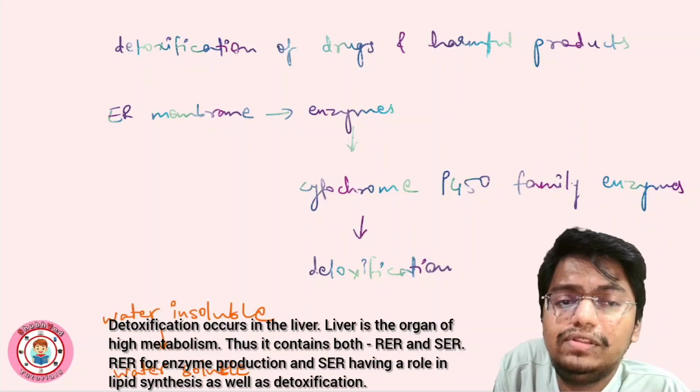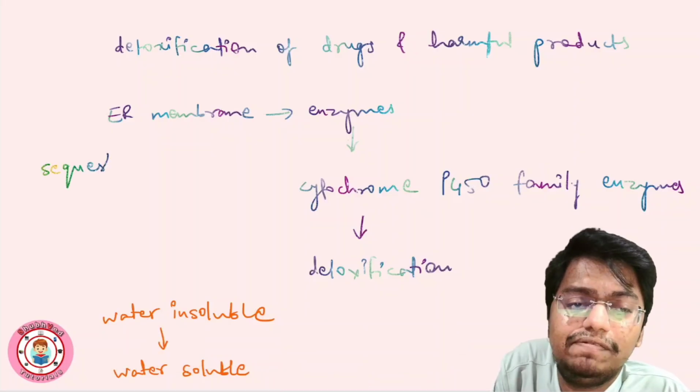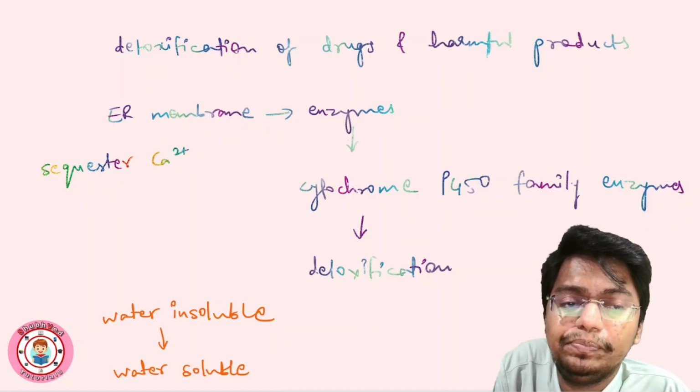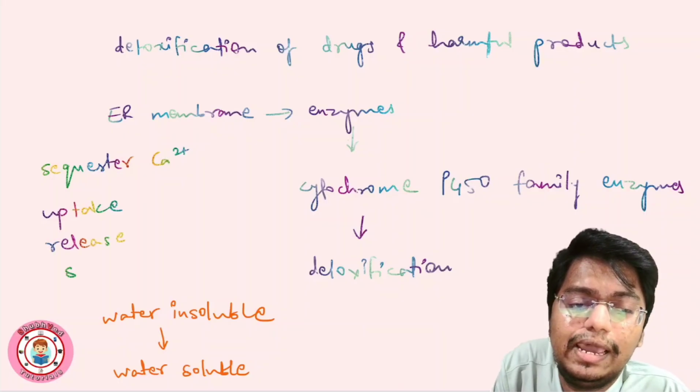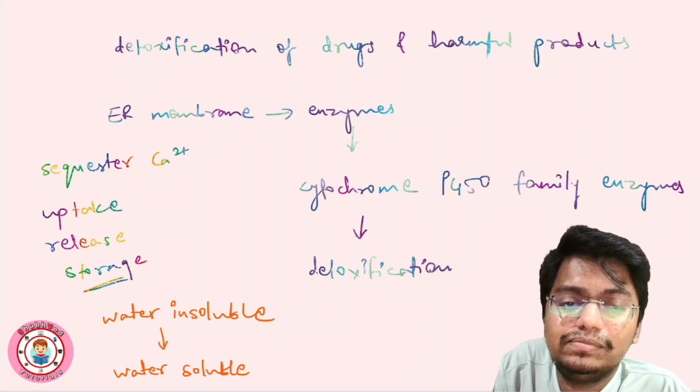One more role of the ER is to sequester calcium 2 plus. Okay, calcium 2 plus uptake, release and storage happens in the ER. Storage in the ER lumen.